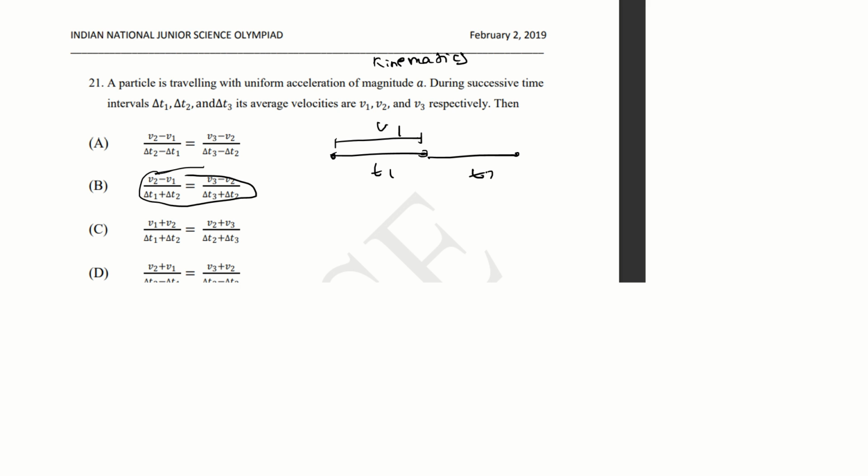Then for t2 the average is v2, and for t3 it is v3. We know this. So now let's say the velocity at this point was x, and here it was x dash, here it was x double dash, and here it was x triple dash.